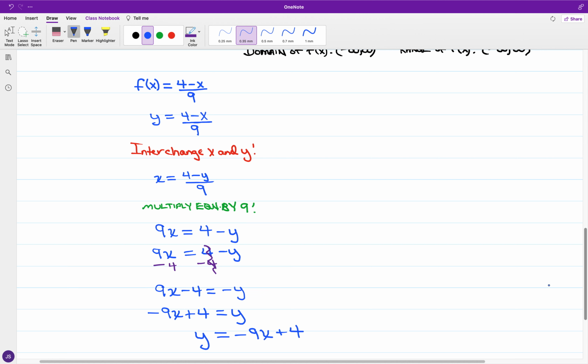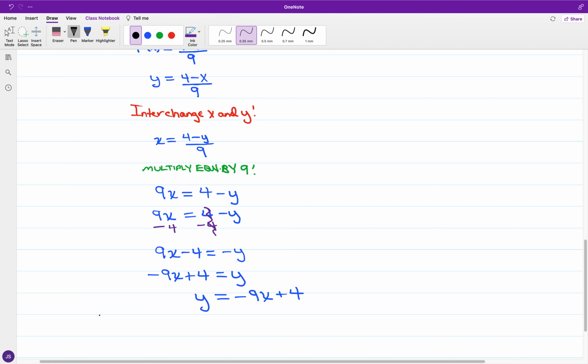Again, we start out with f of x is equal to 4 minus x over 9. And for the explicit presentation of the inverse, this y that was discovered will be referencing the inverse of f of x is equal to negative 9x plus 4.